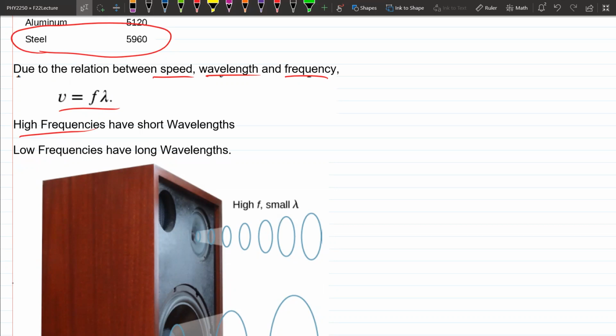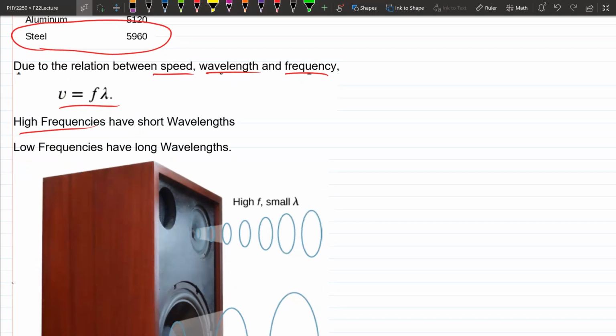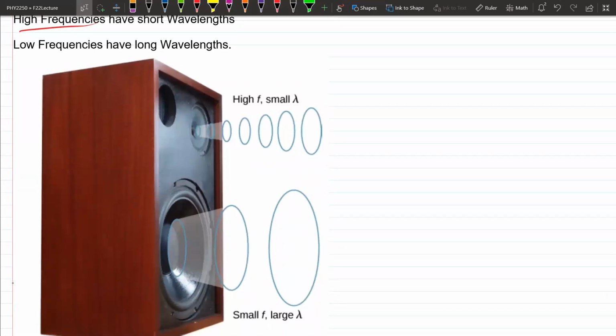This is why, I don't know if people still have these big speakers, on a fancy stereo system, they have a bigger speaker for the bass, and then they have a smaller speaker called the tweeter for the higher frequency sound.